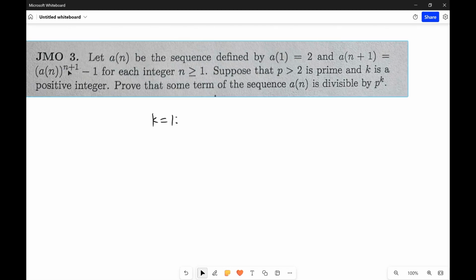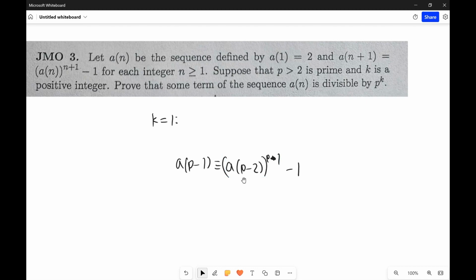Specifically, if we want to make this exponent p - 1, we can try making n equal to p - 2. Doing that, we end up getting a(p-1) is equivalent to a(p-2)^(p-1) - 1. Now there are two cases from here.